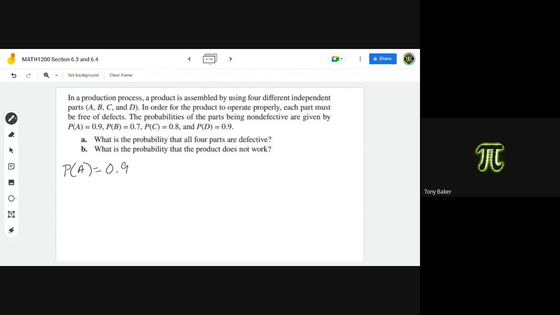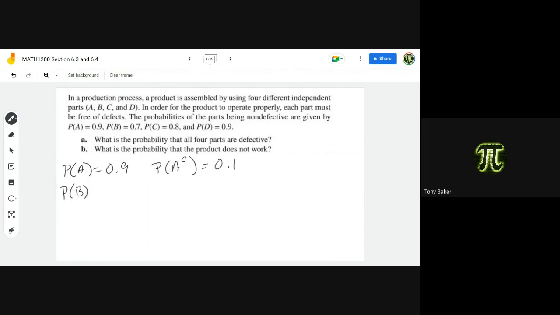What's the defective rate? If 0.9 is the good rate, what's the defective rate? Yeah, 0.1. What's the complement? You typically would see that with the little C up top. I think that's what Hawks is using. So that's 0.1.